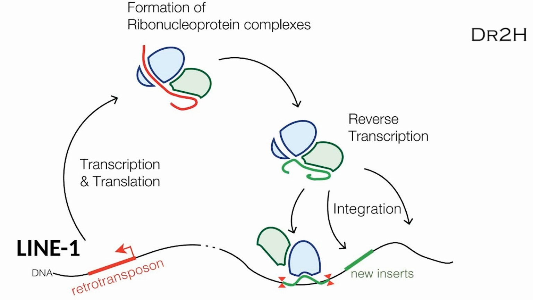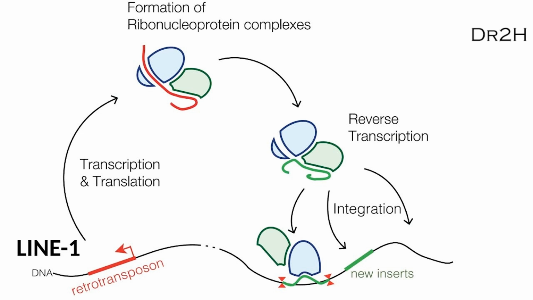So LINE-1 is a type of transposable element that can move or jump or transpose within the human genome, and it is often referred to as retrotransposons because its mechanism involves a reverse transcription of an RNA and then back into an integration there.